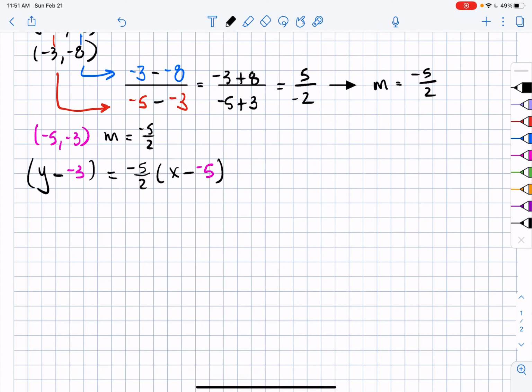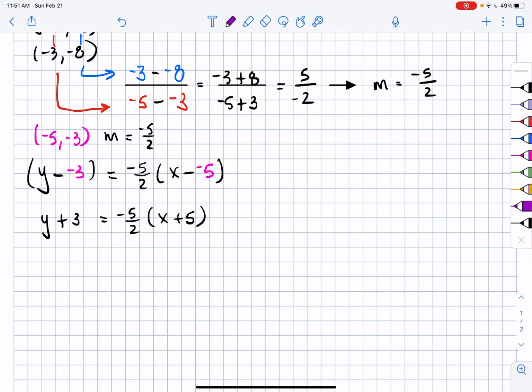Let's finish this up. So that means I have y plus 3 is equal to negative 5 halves times x plus 5. So that's if I use that point.